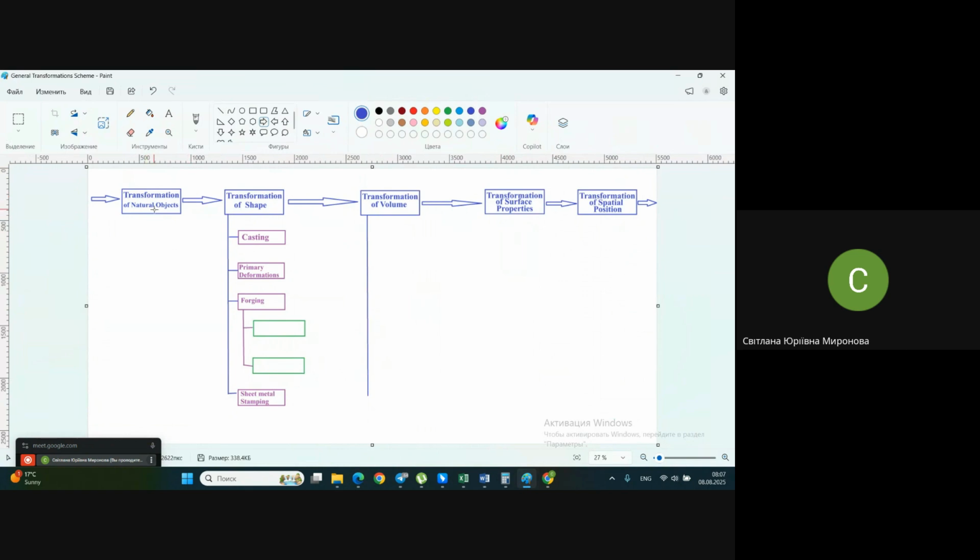Really, we have metal ores, we have some soil. You know that some metals, I hope you already know it, because you have maybe already studied material science in your university, in natural state they look like soil actually.